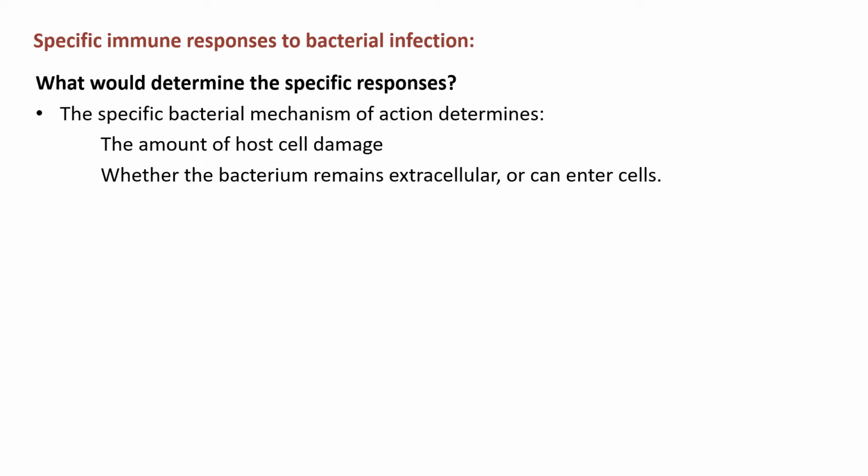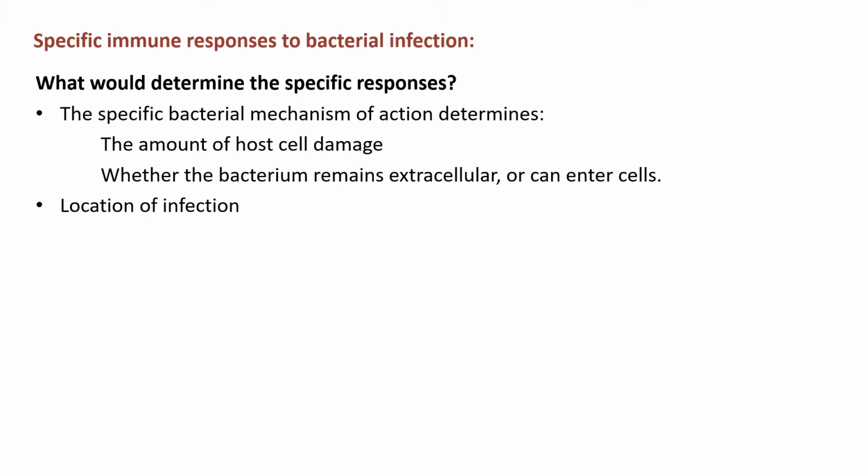So, the specific bacterial mechanism of action also determines the amount of host cell damage. So that depends whether it has toxins, its defense mechanisms, and also whether it remains outside the cells extracellular, or some bacteria can actually enter cells.